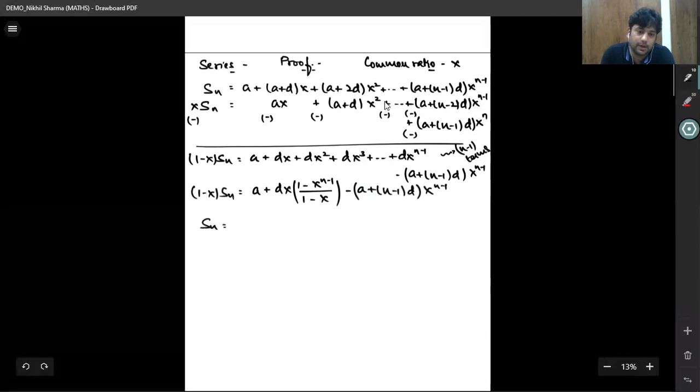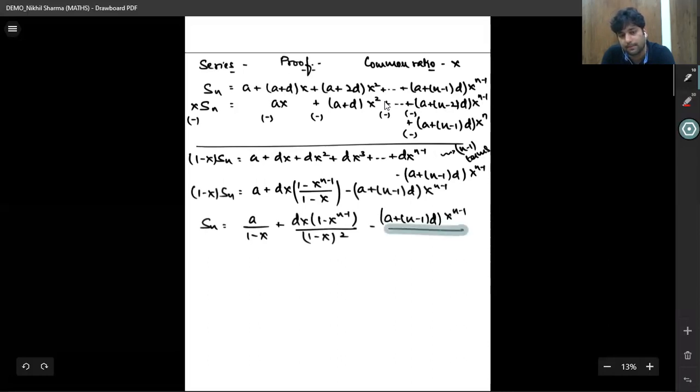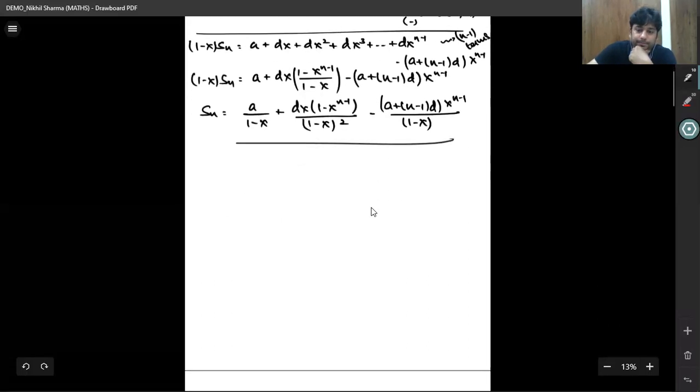So Sn would be a upon 1 minus x plus dx times 1 minus x raised to the power n minus 1 whole divided by 1 minus x whole squared, minus a plus n minus 1 times d, x raised to the power n minus 1 whole divided by 1 minus x. I hope this much is clear to you. So this is the proof for your sum of n terms which are in AGP.